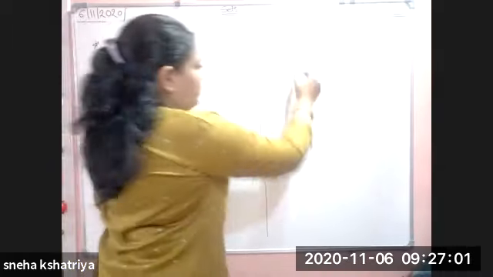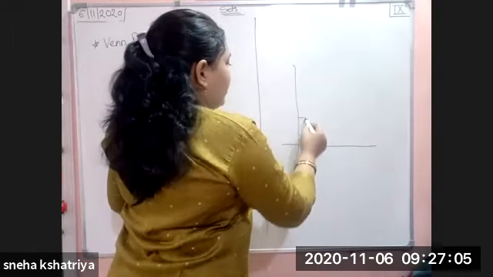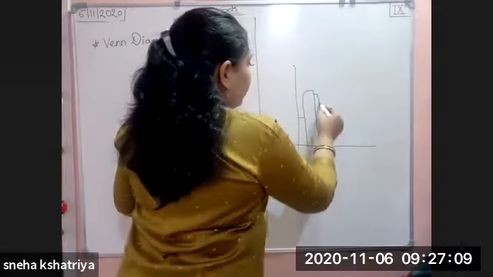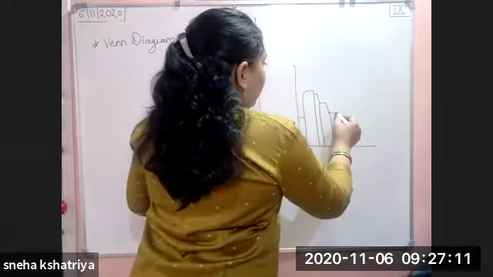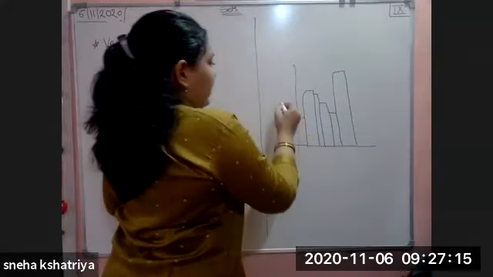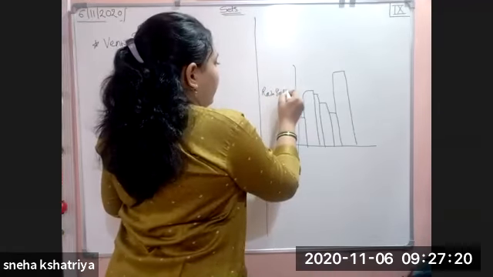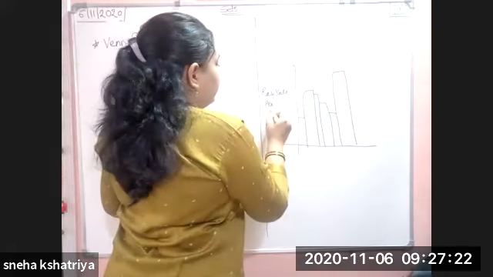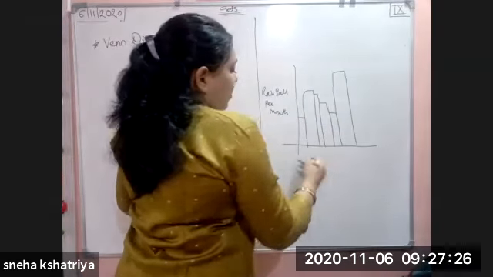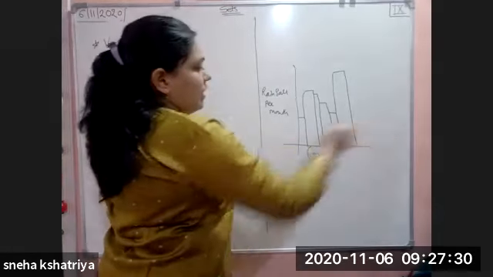For example, if we consider a bar diagram like this, and I say here is rainfall per month, and here is the millimeter, in how much millimeter the rainfall is done.